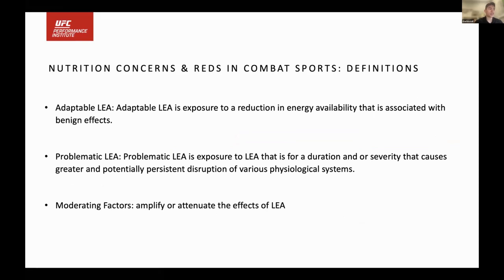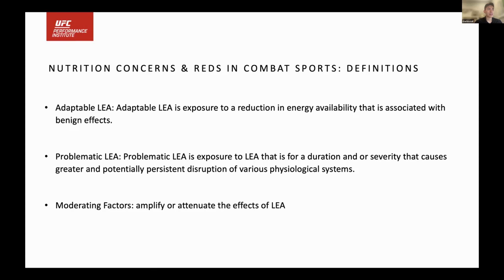Adaptable low energy availability is exposure to a reduction in energy availability with benign effects. The effects of adaptable LEA can be mild or even very easily reversible once the energy mismatch is resolved. So let's say once you've completed a fight camp and you return back to baseline energy intake, adaptable LEA is actually ideal when we're programming a sustainable and repeatable weight descent.